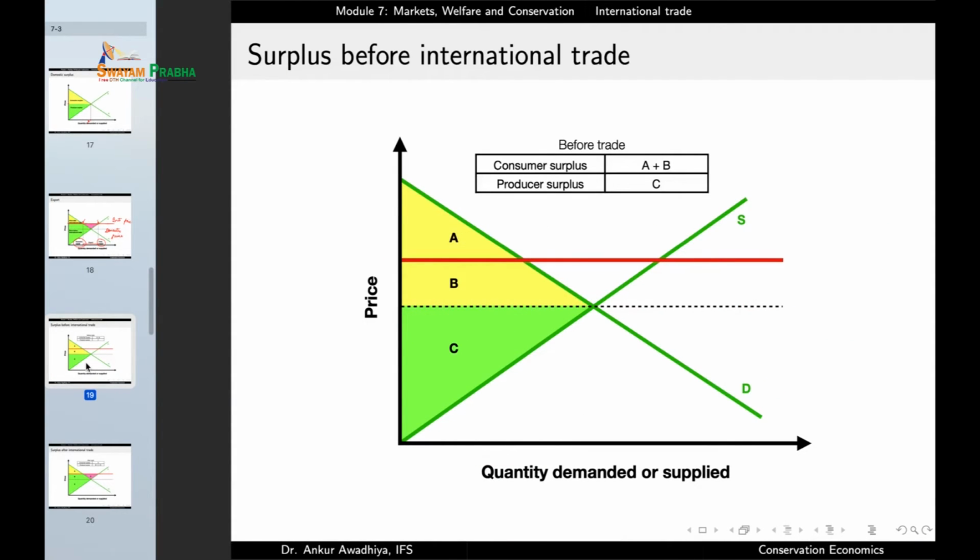Now let us have a look at the surplus. Before the international trade, we had the consumer surplus that is given by the yellow triangle.